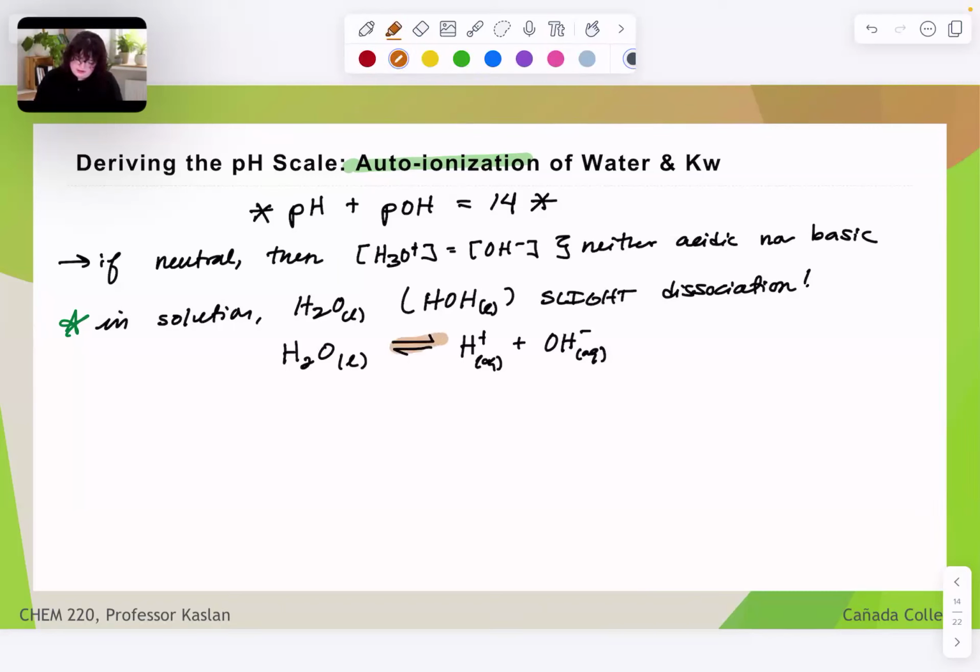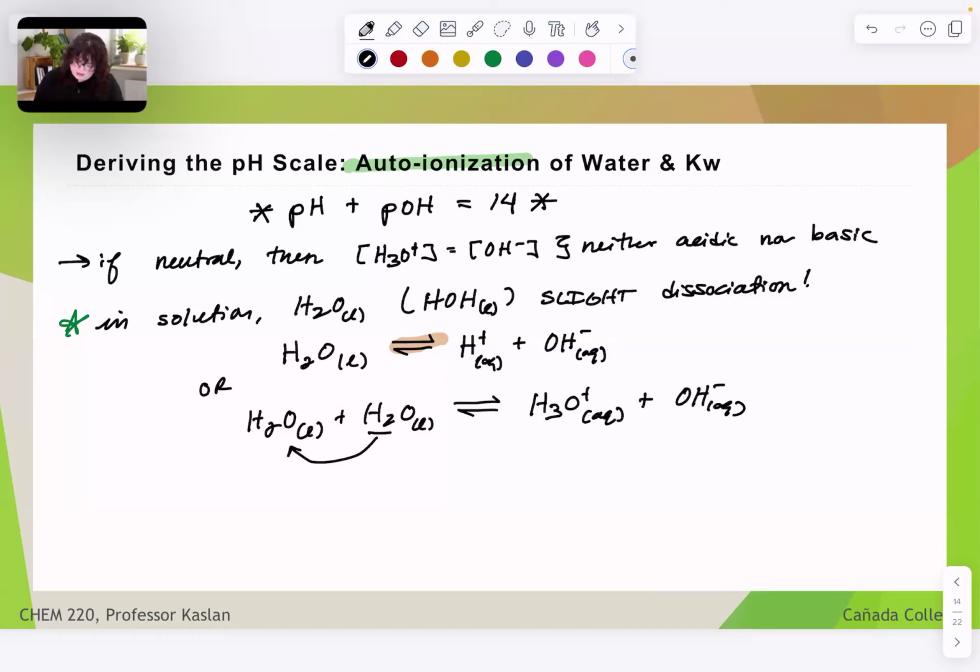Now, since this exists at an equilibrium, this ionization of itself, why don't we show it with the full hydronium? That's why it's called autoionization. It does it to itself. So if one of these waters were to donate a proton to another, this would become H3O plus aqueous and OH minus aqueous.